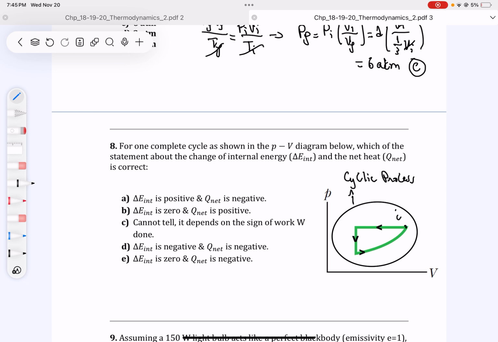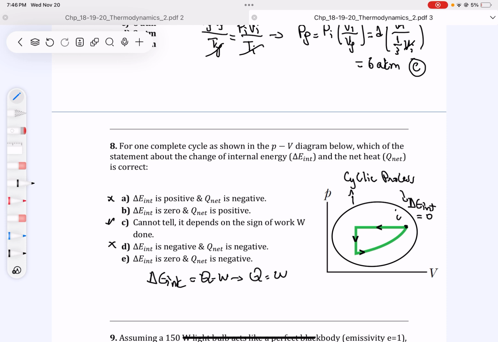We go from the initial point and we go back to this point. What does that mean? That means delta E internal is equal to 0. And from the first law of thermodynamics, delta E internal is equal to Q minus W. Then Q is equal to W. First, delta E internal is equal to 0, then this is not true.